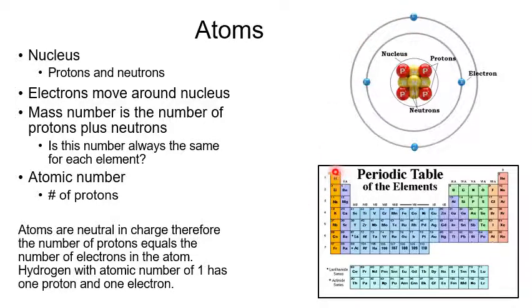So our friend hydrogen contains 1 proton in the nucleus, and to make it electrically neutral, it has 1 electron floating around it. Helium would have 2 protons in the nucleus, and to make it electrically neutral, it would have 2 electrons. This is going to become important because the number of electrons determines how reactive these different atoms are.